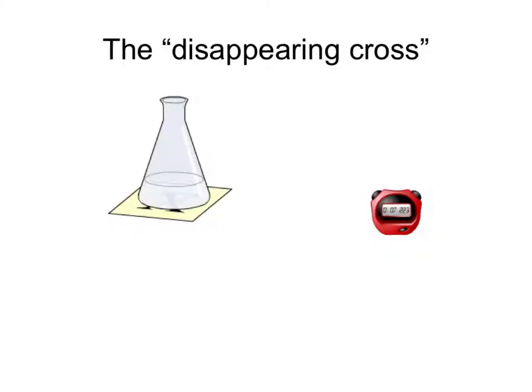In many chemical reactions, we can follow the rate of the reaction throughout the experiment by taking, for example, the volume of a gas collected at various times throughout the reaction. But occasionally we come across a chemical reaction where we can't do this. One example is the disappearing cross experiment, and that's a reaction between hydrochloric acid and sodium thiosulfate solution.